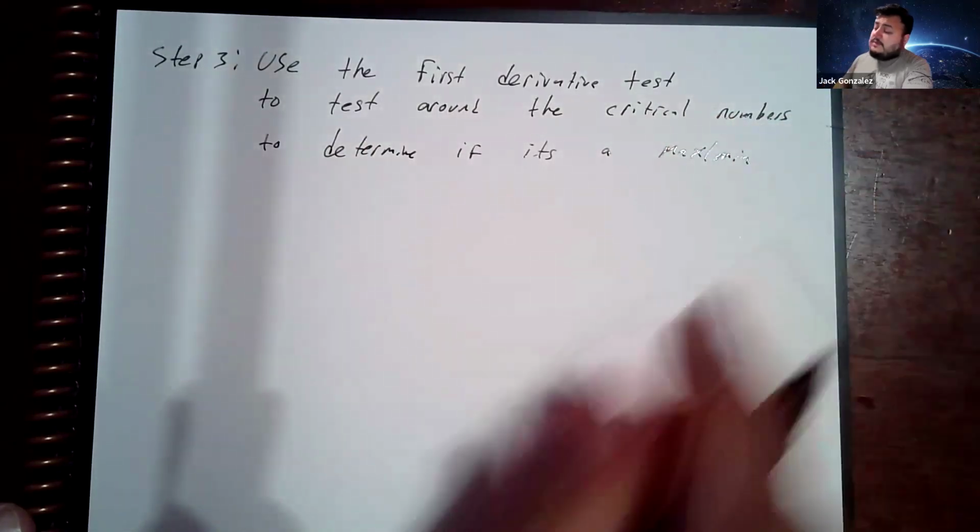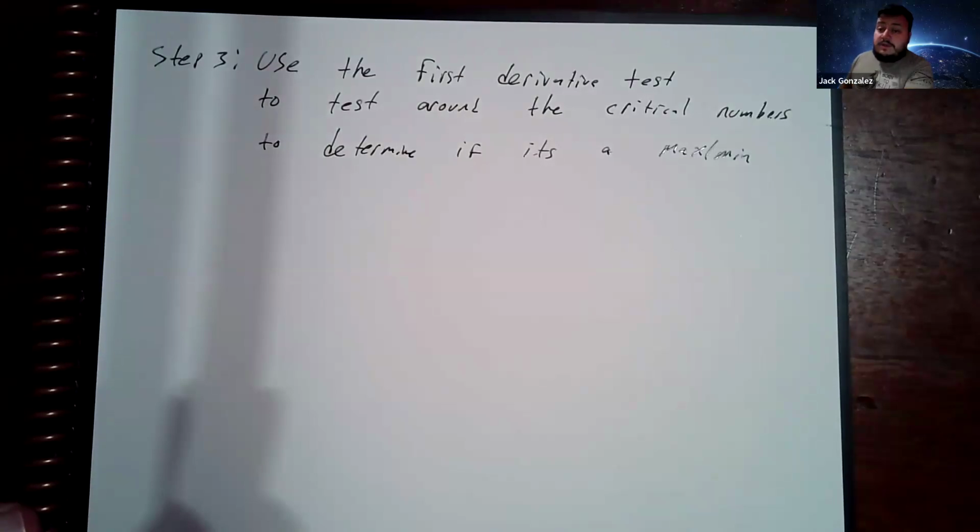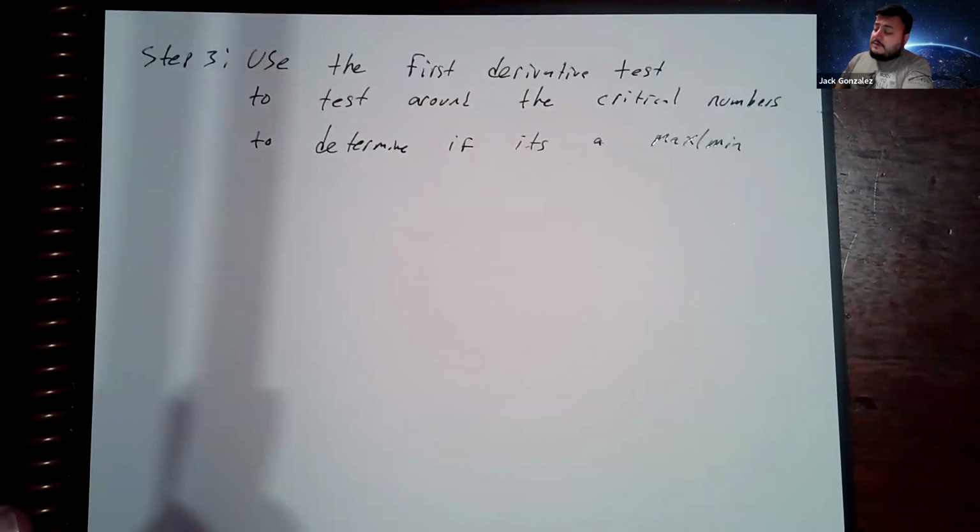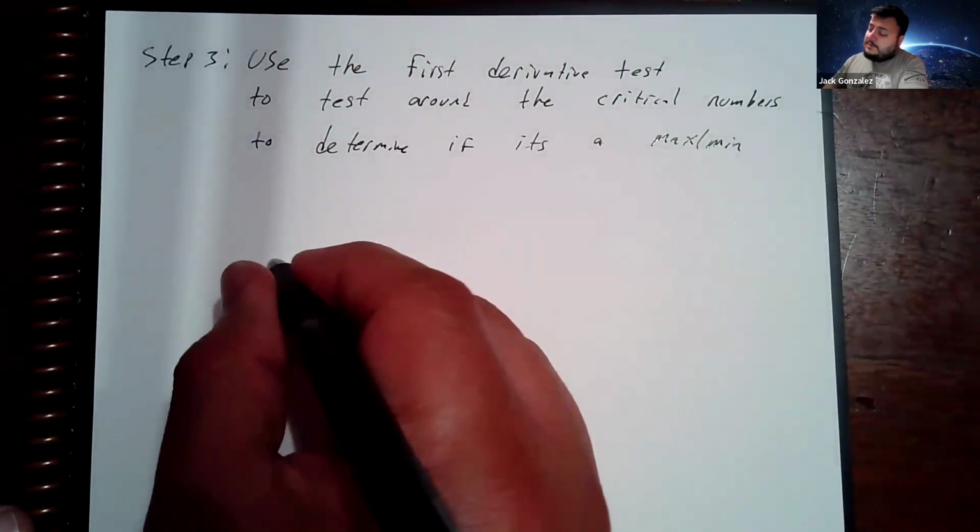So doing this, finding the max and minimum will also give us the increasing and decreasing locations. So just do it all at once. This is the first derivative test right here.